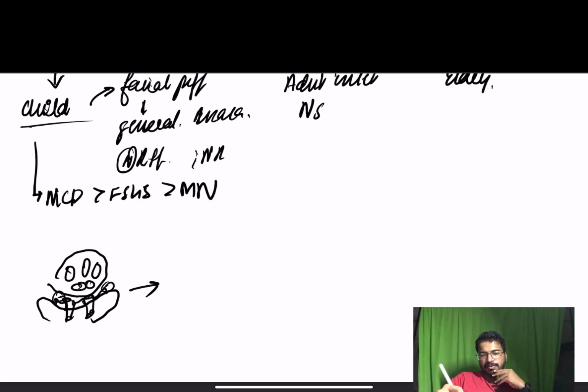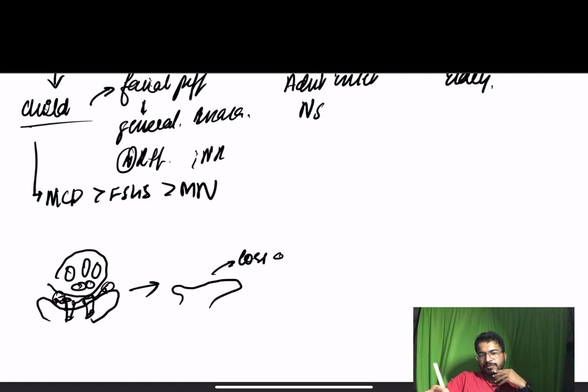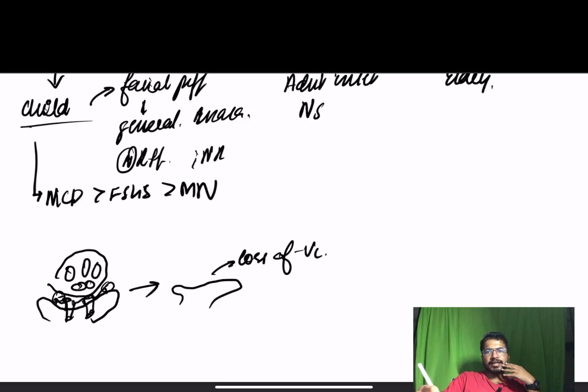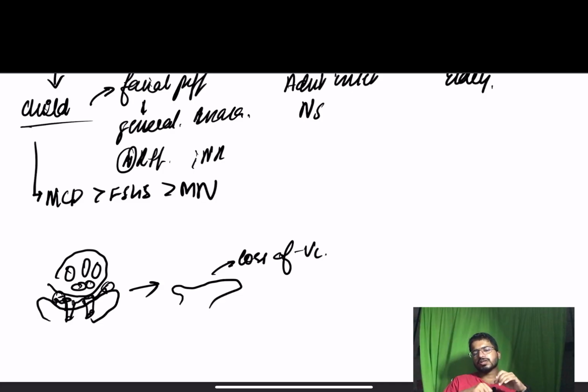Okay. So in minimal change disease, there will be effacement of the podocytes. The effacement of the podocytes will result in the loss of negative charge. Albumin is a high molecular weight protein, but its diameter is a bit small, so basically it's about charge.